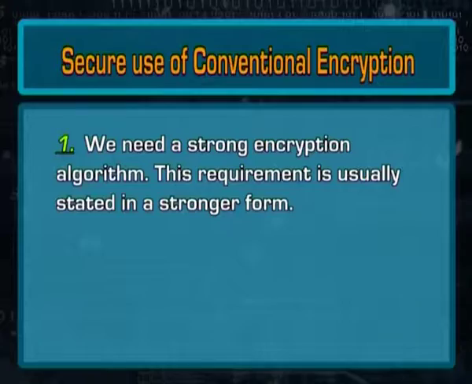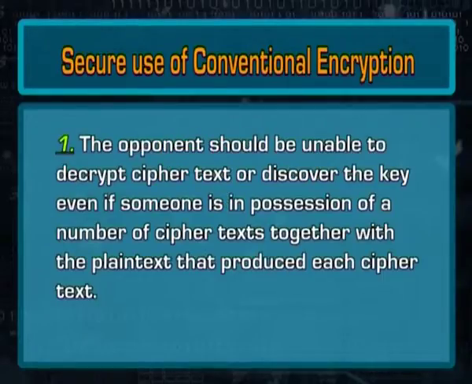There are two requirements for secure use of conventional encryption. The first one is that we need a strong encryption algorithm. This requirement is usually stated in a stronger form: the opponent should be unable to decrypt the cipher text or discover the key, even if he or she is in possession of a number of cipher texts together with the plain text that produced each cipher text.